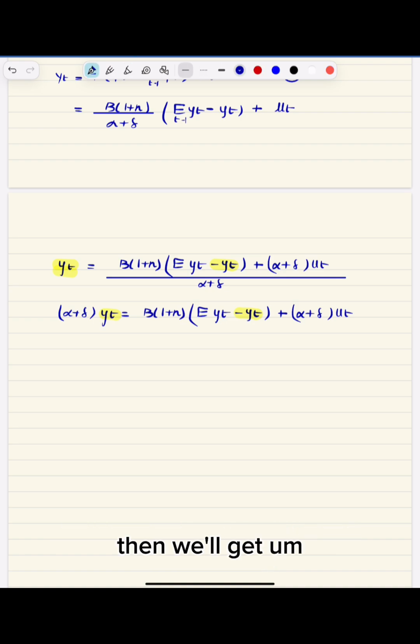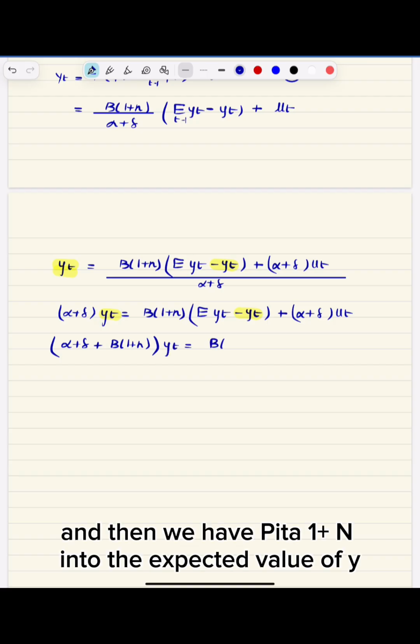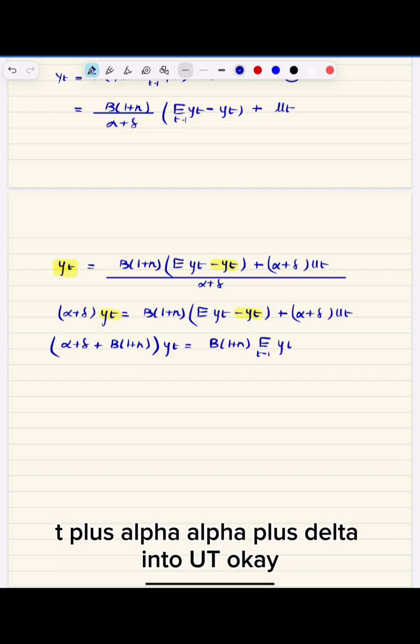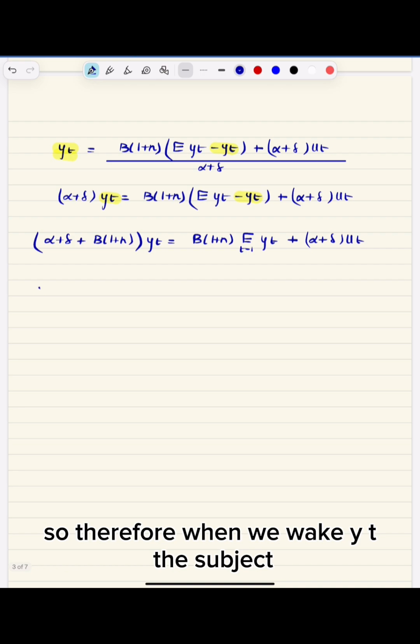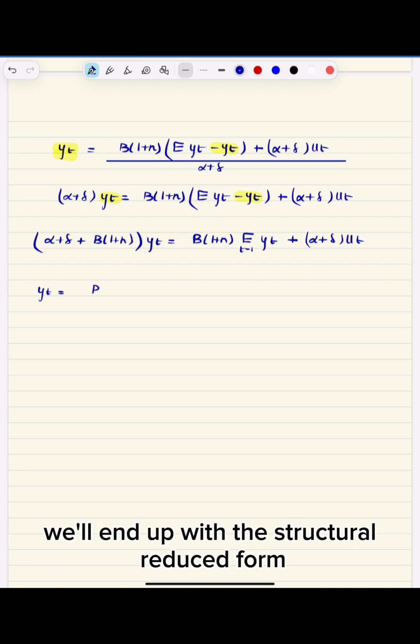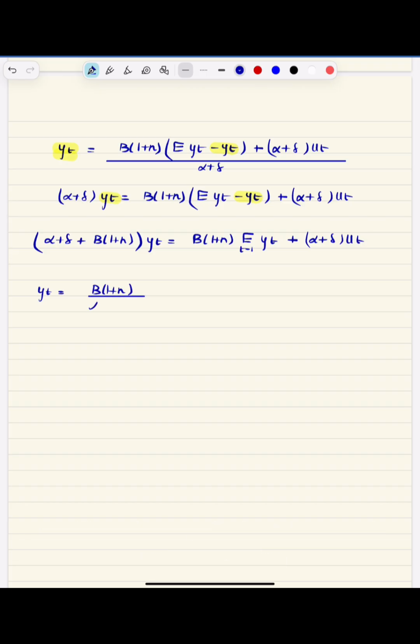Okay, then we'll get plus beta 1 plus n to yt, and then we have beta 1 plus n into the expected value of yt plus alpha plus delta into ut. Okay, so therefore when we make yt the subject, we'll end up with the structural reduced form of output.